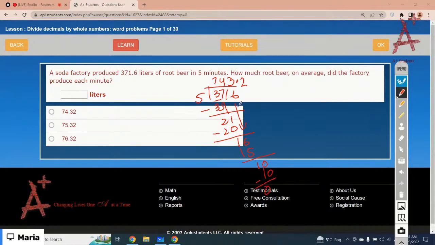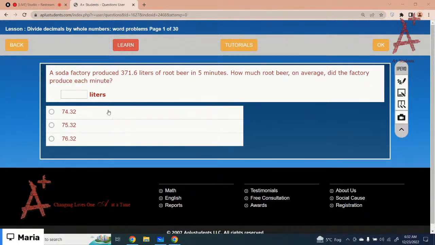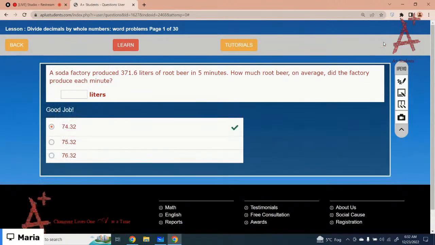Got it? So the number is 743.2. Then the dividend has one decimal place, so you move one decimal place left. It would be 74.32. Got it? The correct option is 74.32. So just select the correct option and then click on the OK button.